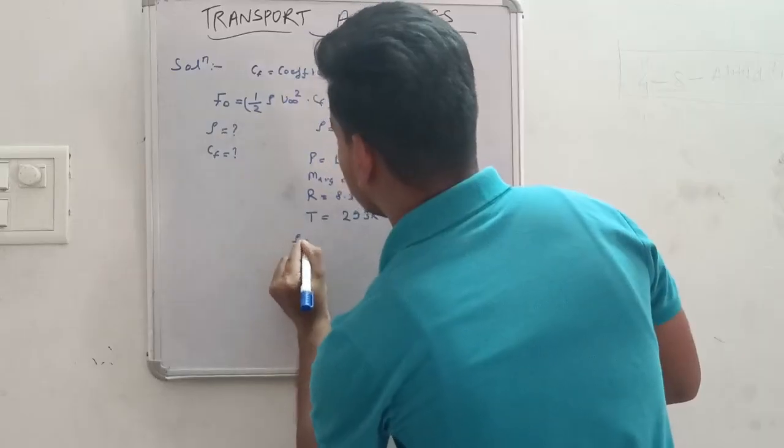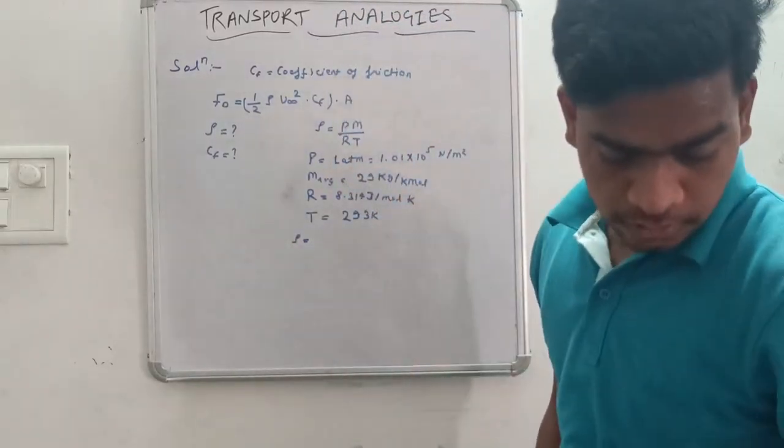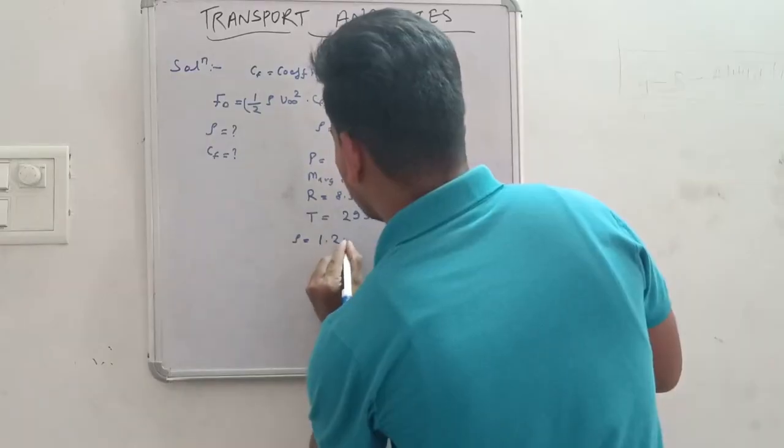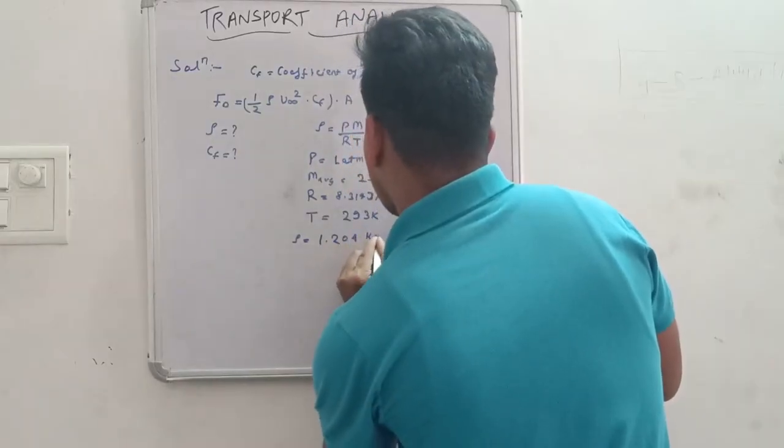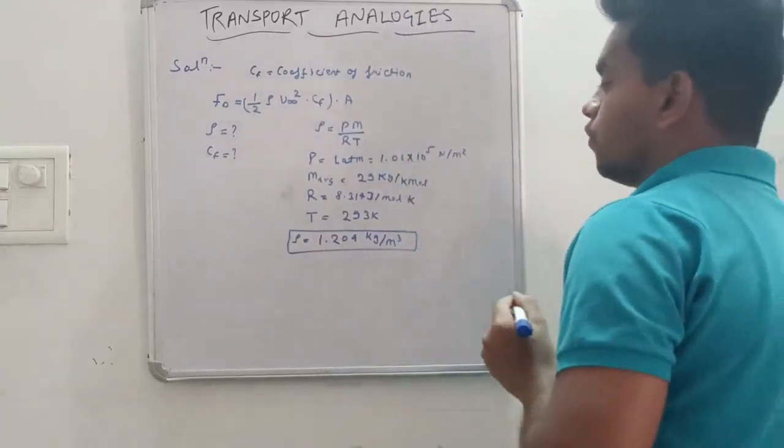By putting all this value in the formula, we get the value of density as 1.204 kilogram per meter cube. This we will use in the formula of FD.